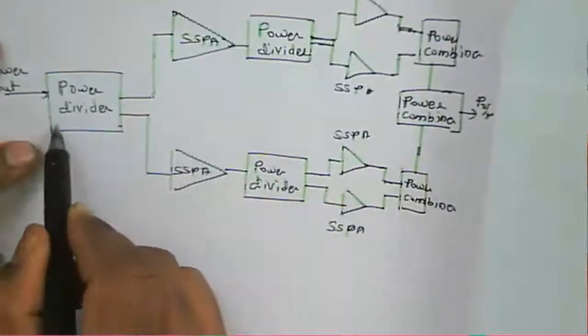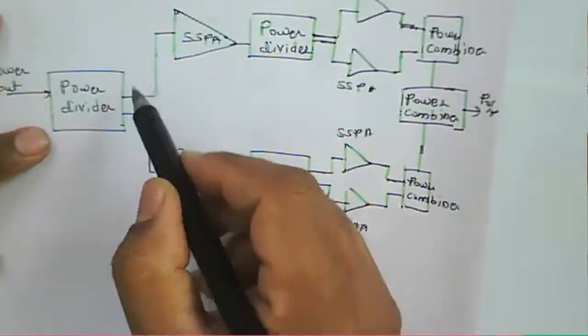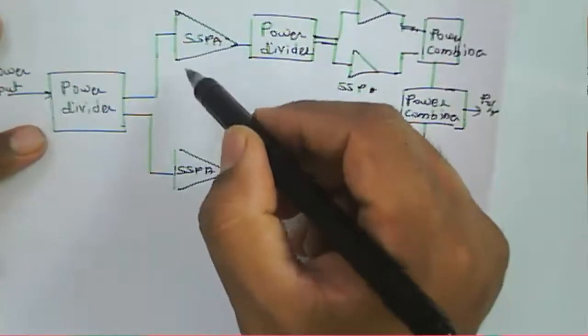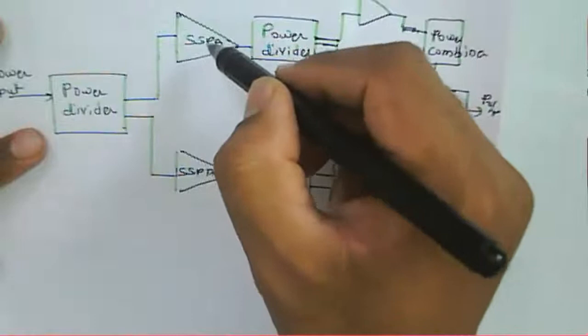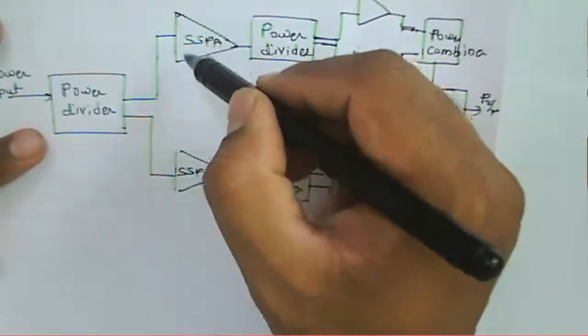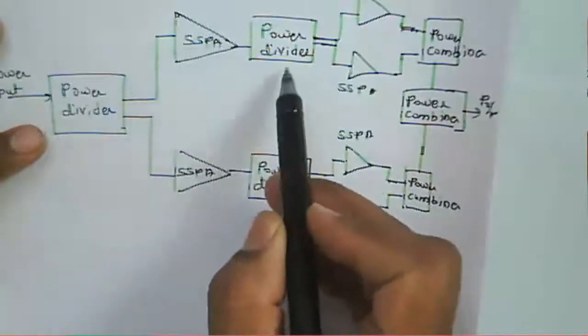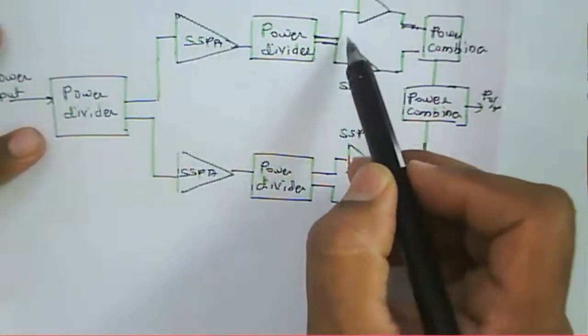Now the input power is divided here, and that divided power is applied to a solid state power amplifier. Then again it is divided, and again it is applied to a solid state power amplifier.